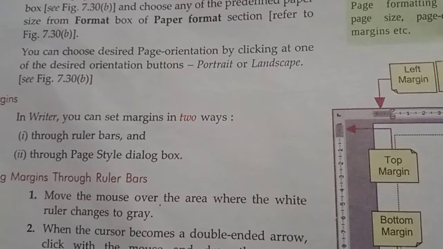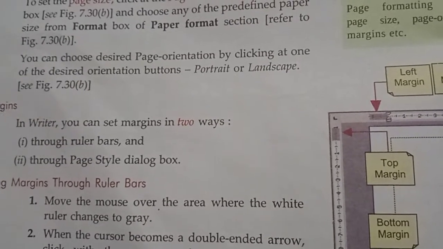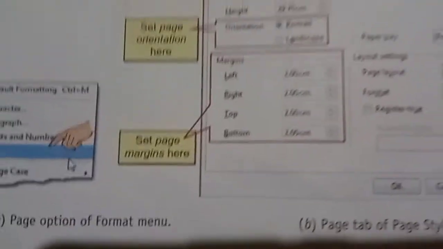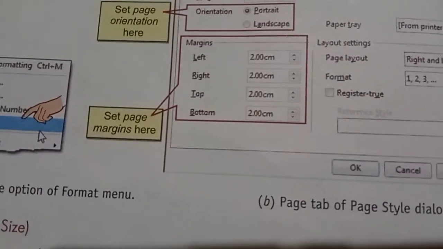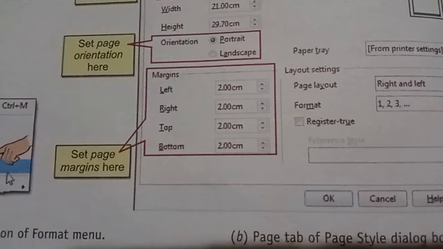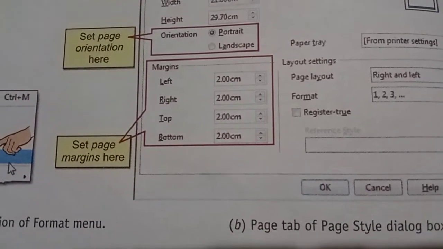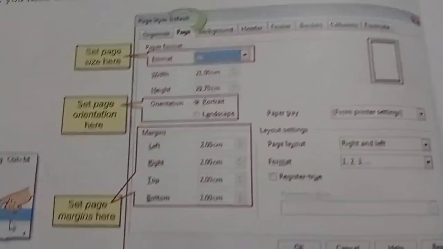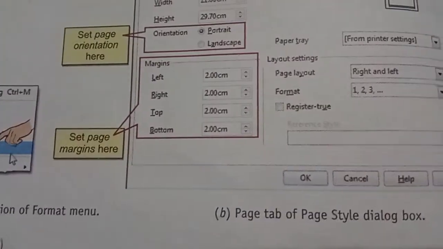Another way is through the page style dialog box. Here you can set the margin directly using left, right, top and bottom. First the same, format, page, then select the page option, and the margin options are here.